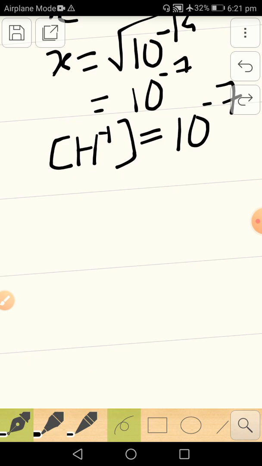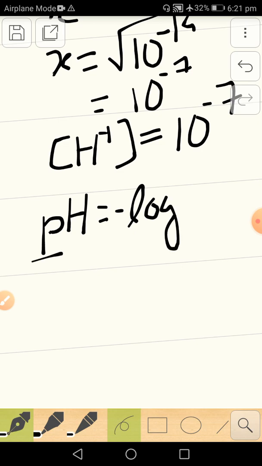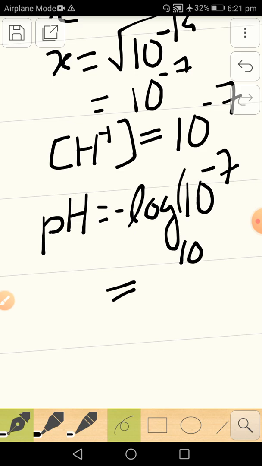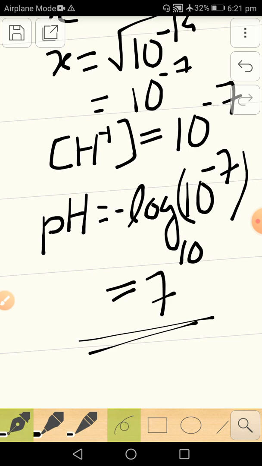So pH is equal to minus log. Remember, p means minus log with base 10. So pH equals minus log with base 10 of 10 to the power minus 7. Now use your calculator to evaluate this. This would give you 7. So distilled water or neutral water has a pH of 7. That's why we say that a neutral solution has a pH of 7.